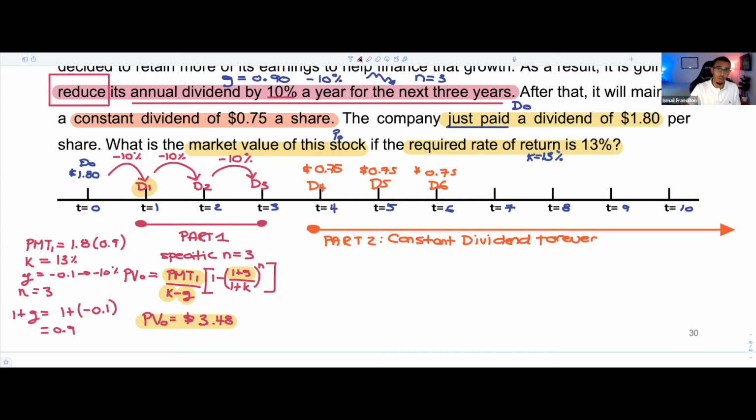Because it's not growing, we could simply do P over K. That's going to be equal to Pn. Or if you want, you could just remember our formula over K, or even this formula if you want.